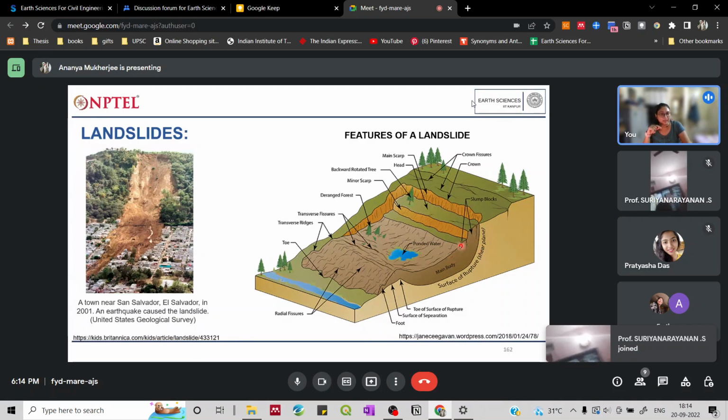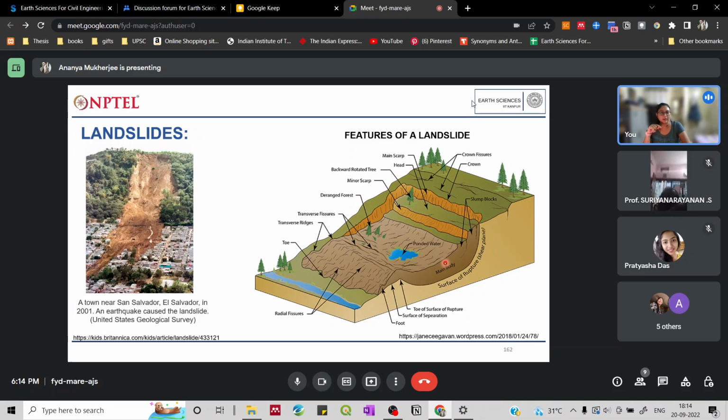And then the surface of rupture that you see over here is the plane along which the weakness had occurred, and this is the area where the landslide actually started from. Because of this surface of rupture, the material on top of this has slid down.